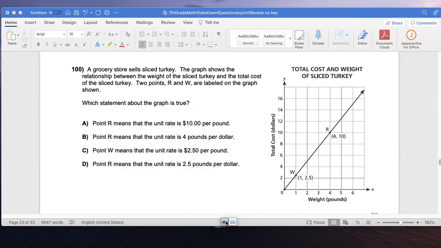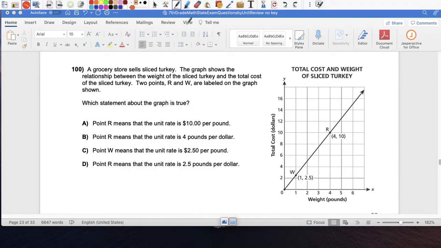Remember, the unit rate is where x equals 1. When x equals 1, we find the y value. So that's garbage. Point R means the unit rate is 4 pounds per dollar? No. Point W means that the unit rate is $2.50 per pound, and there we go.